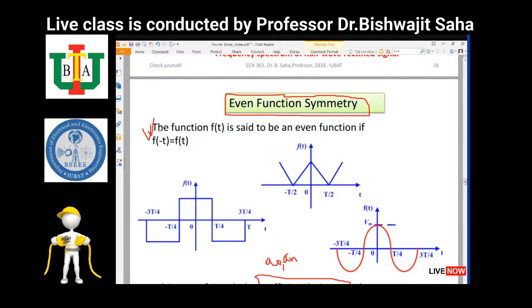If any signal follows this condition, then the signal is even function symmetry. And if the signal is even function symmetry, then we will find only A0 and An. So our time is saved, energy is saved, and we can smartly find the solution.